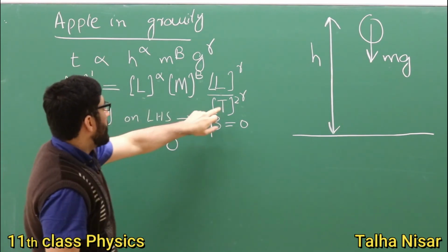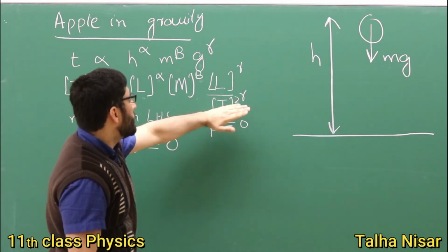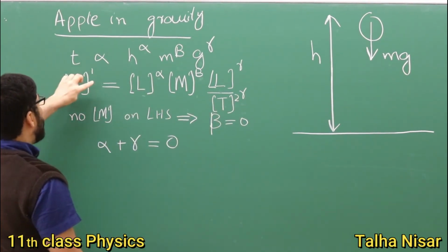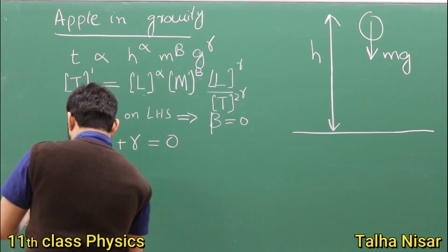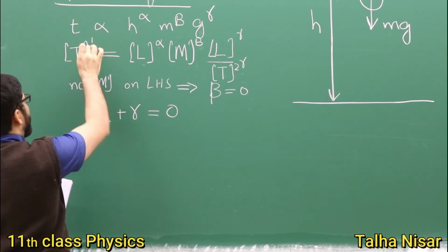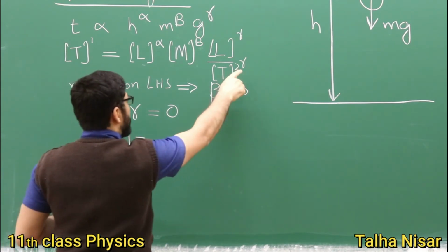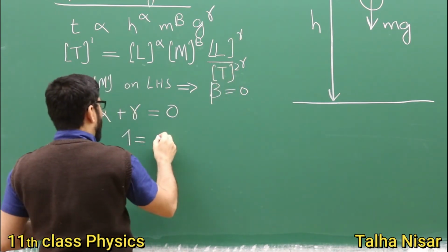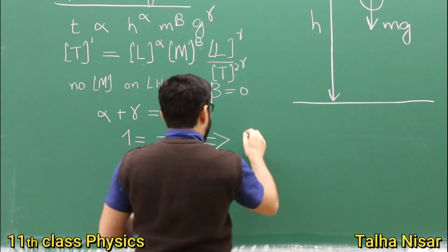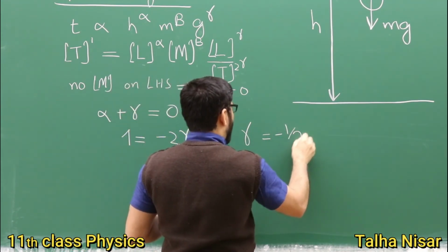What about time? So we have time here, which is in the denominator, so it's minus 2 gamma. And on the left side, we have 1. So if we take from this time here, we have 1 on the left side, and on the right side, since it's in the denominator, if we bring it to the numerator, we will have 2 gamma, and that implies that gamma is equal to minus 1 by 2.